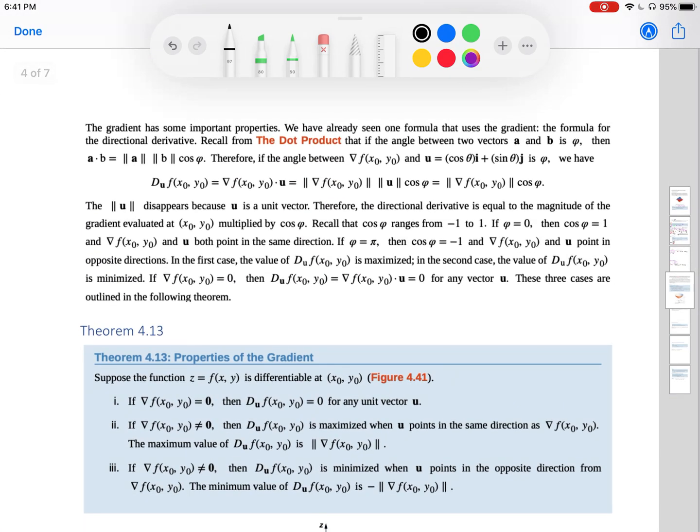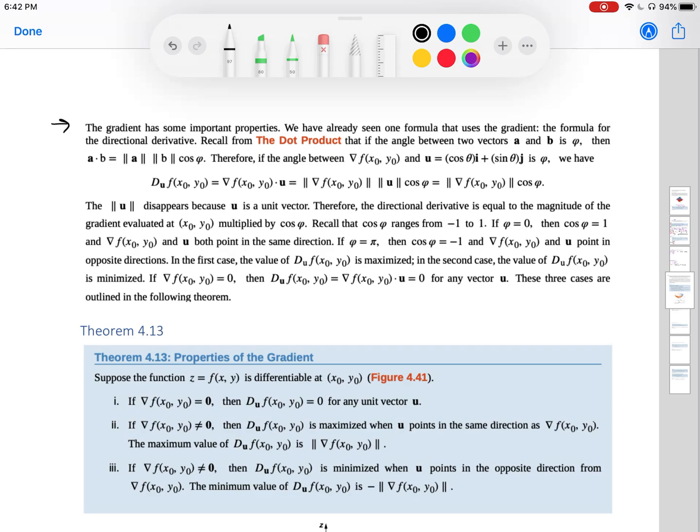Okay, so include this text from your book. The gradient has some important properties. We have seen one formula that uses a gradient, the formula for the directional derivative. Recall the dot product: if the angle between two vectors a and b is phi, then a dot b equals the magnitude of a times the magnitude of b cosine phi.